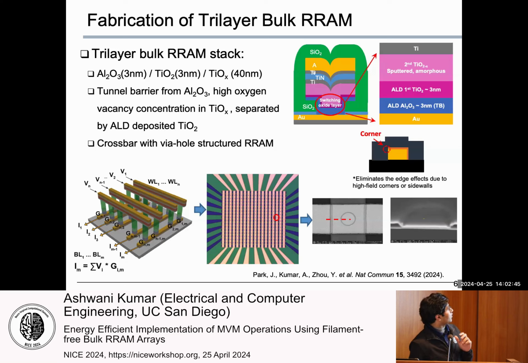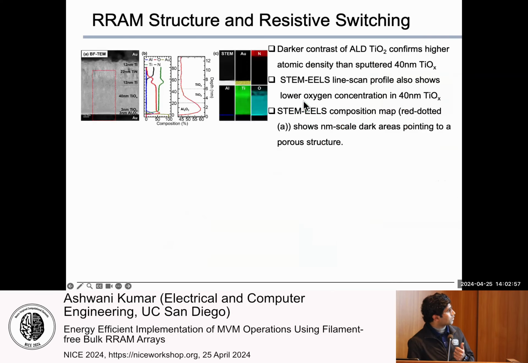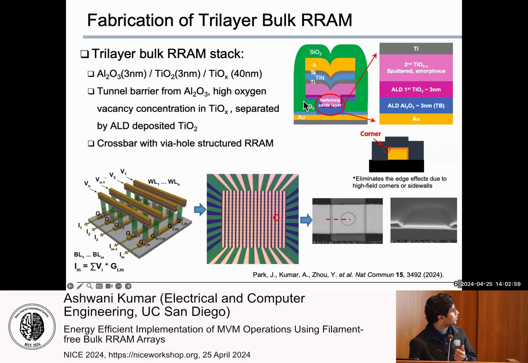Based on that, we developed the crossbar arrays, where we employ via hole structures, which eliminate the edge effects as well as the high field corners when we use the thick oxide. Here you can see the microscope image of a fabricated 16x16 crossbar array, like I showed you in a previous slide. And this is the device, which is via hole design.